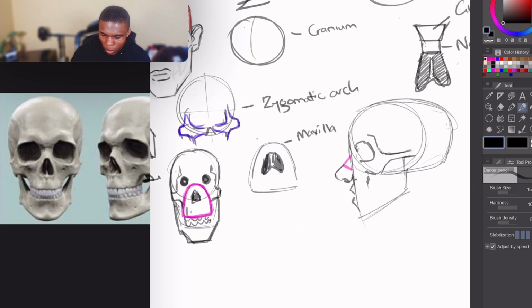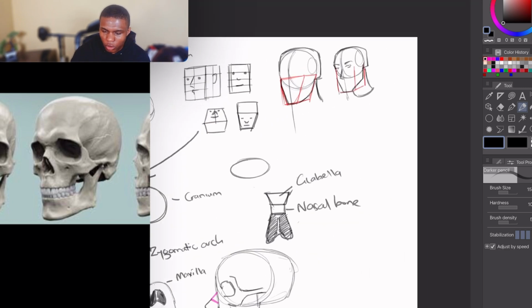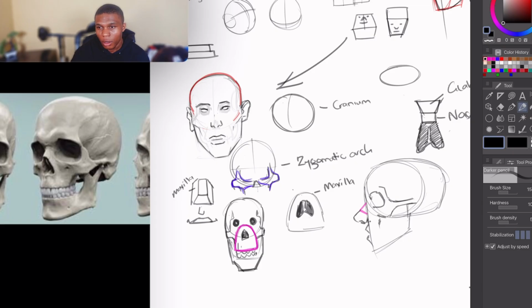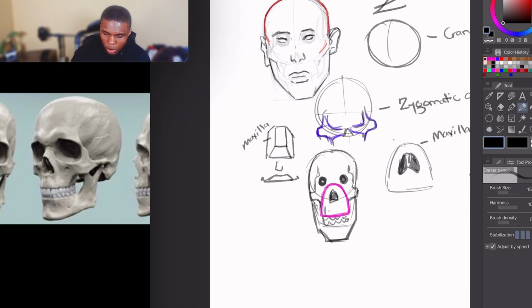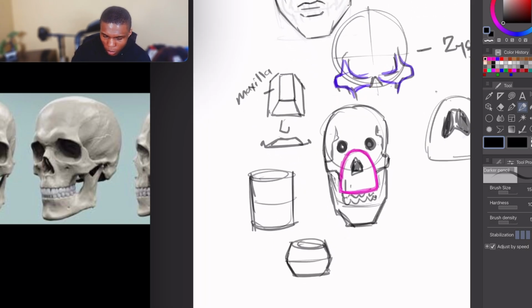And then our mandible. Our mandible is the lower jaw. When you are drawing the mouth, and you want to draw the upper and lower jaw, you could use a cylinder, or a barrel, to represent that, because that's where you're going to put the teeth, the upper teeth and then the lower teeth, and you see how simple it's going to be.